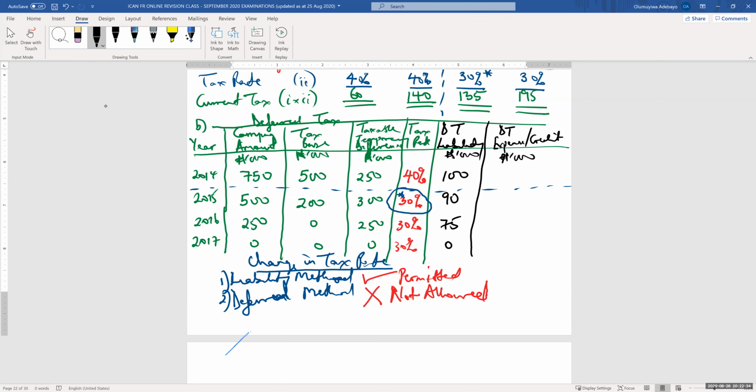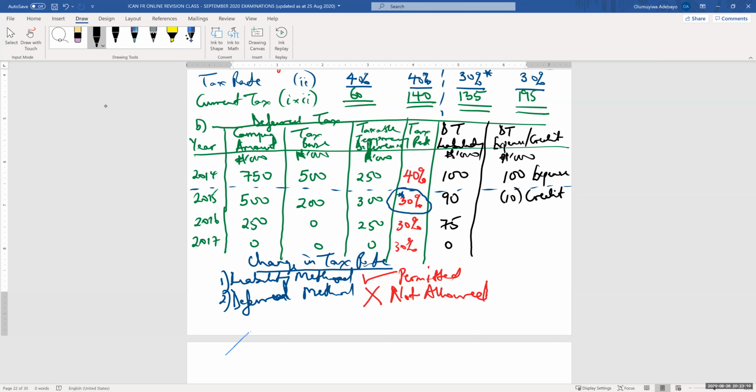But as at the end of the year, the balance is 100, which means it has increased from 0 to 100. And that shows recognition of deferred tax expense of 100. But between 2014 and 2015, it has decreased from 100 to 90, which means it has reduced by how much? By 10, which is a credit.